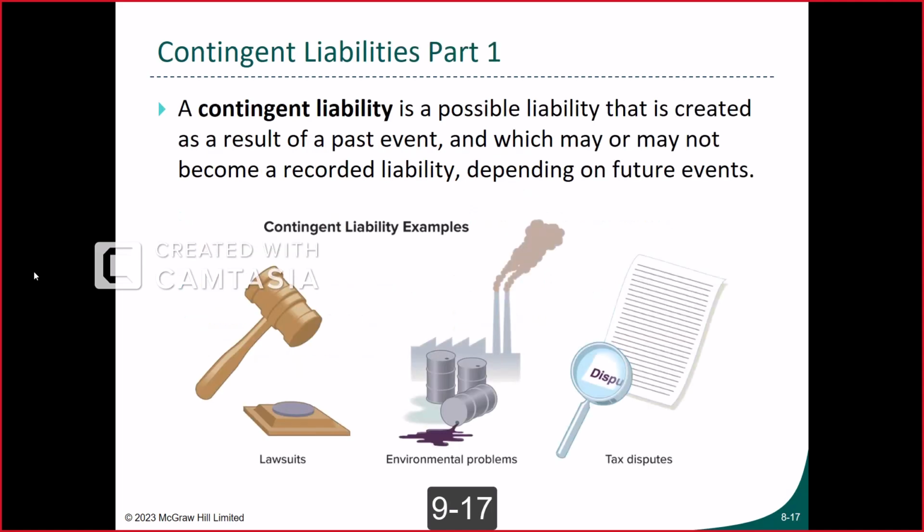And the last category, contingent liability, is a possible obligation that is created as a result of a past event, and which may or may not become a recorded liability depending on a future event. That is what we call contingent liability. It includes lawsuits, environmental problems and tax disputes. These are all kinds of current liabilities. Any questions so far?